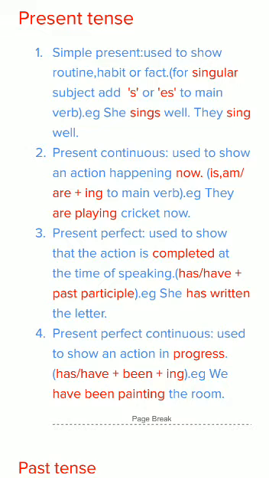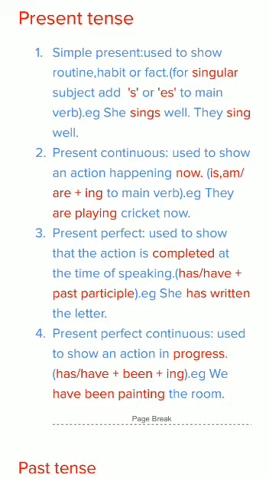Example, she sings well. They sing well. Look at the two verbs sings and sing here. In the first verb, s is added but not in the second verb.